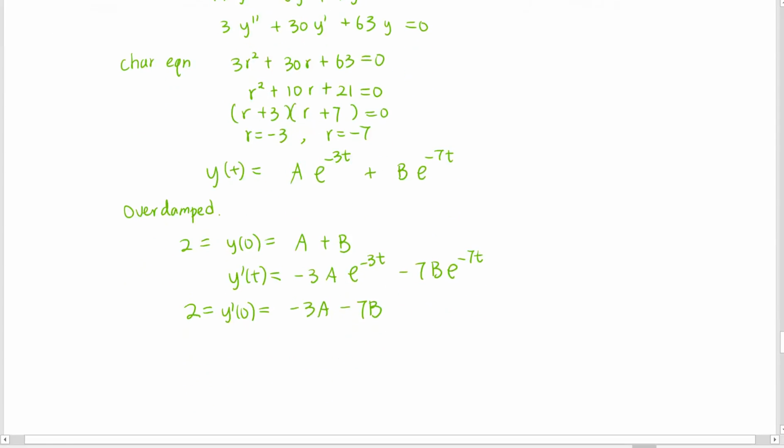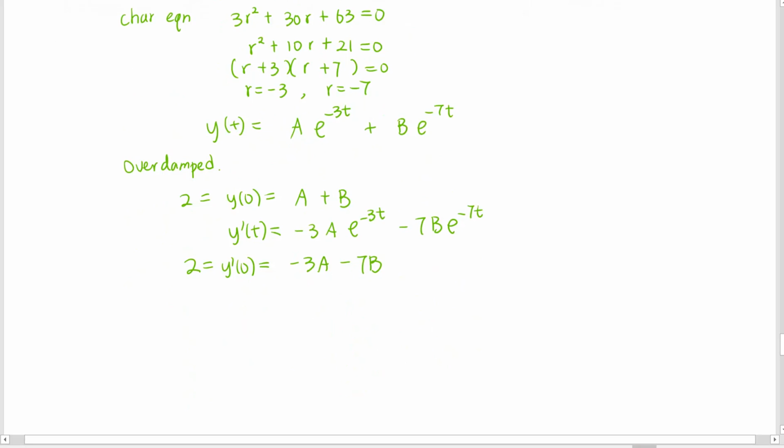Okay, so let's see, what do we get? Here we have 2 equations, 2 unknowns. You can just solve the equations, or you can put them in a matrix and solve it. Okay, let's put it in a matrix. 1, 1, 2, and negative 3, negative 7, and 2 as well.